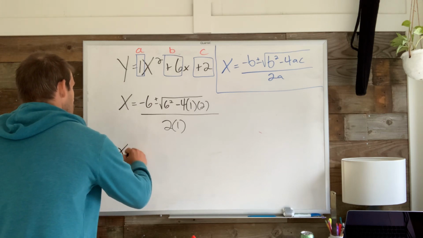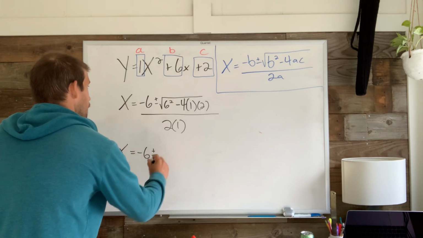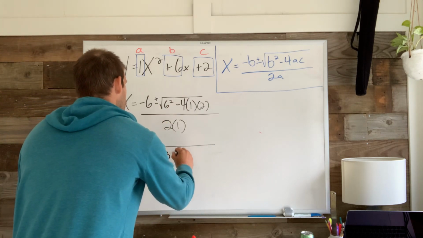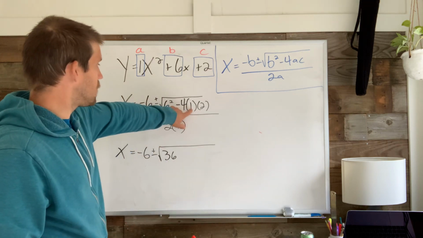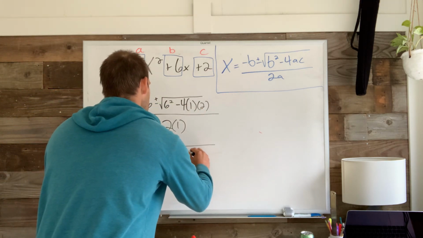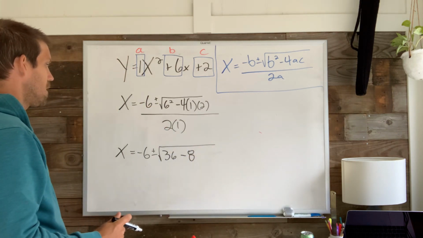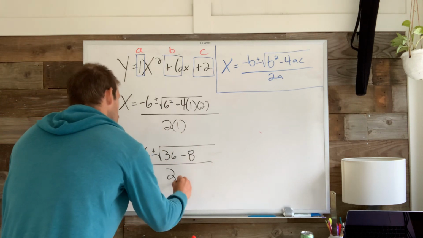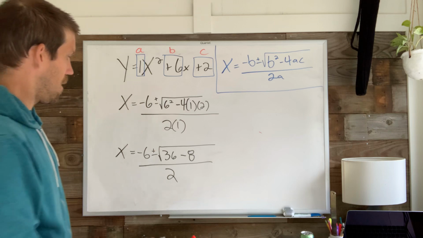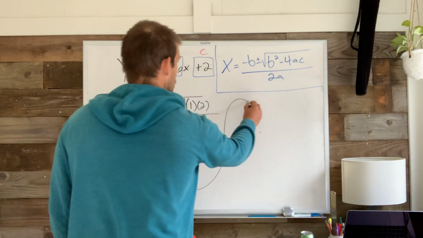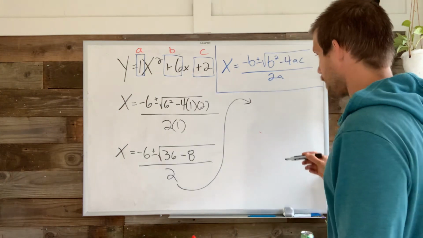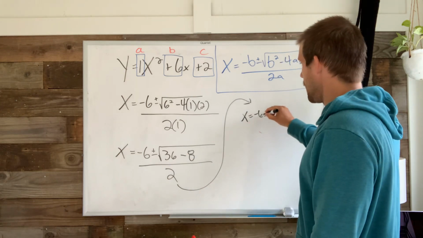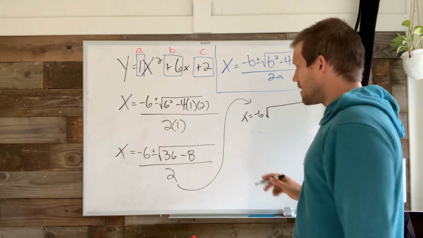Solving it. So let's start with 6 squared is 36. Negative 4 times 1 times 2 is a negative 8. Okay, all over 2 times 1 is 2. Now I'll take this over here to solve further. Okay, so our x equals negative 6, plus or minus the square root of, now what is 36 minus 8?